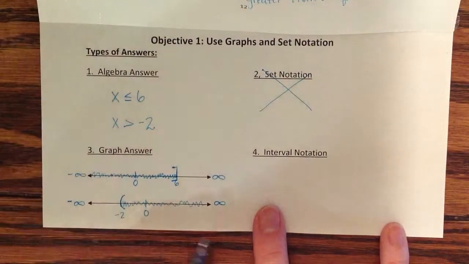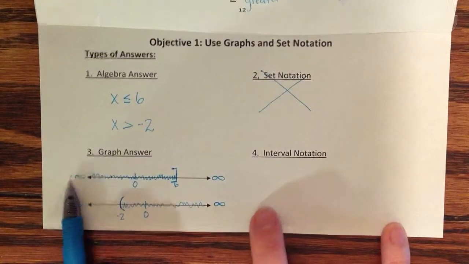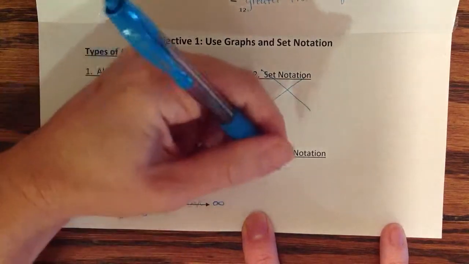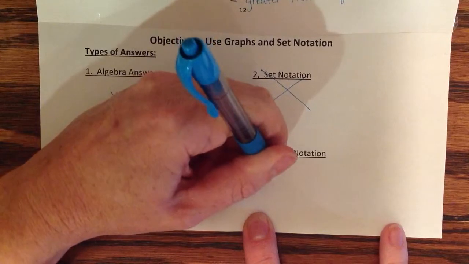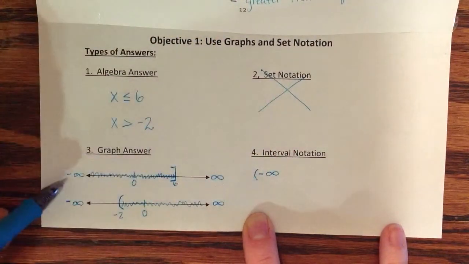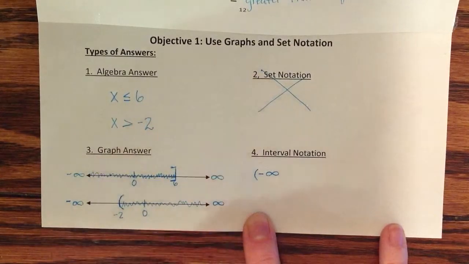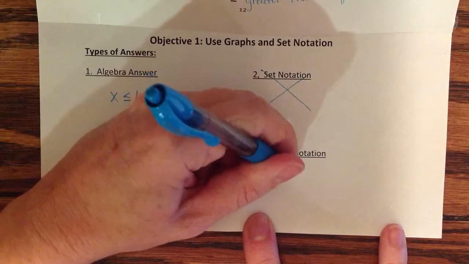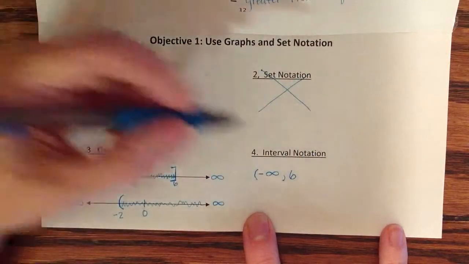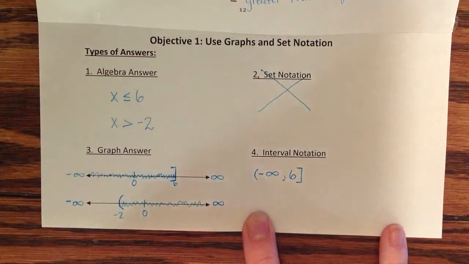So when we're describing what portion of the number line is being graphed in this answer, we're going to say that for this one, everything from negative infinity, and since negative infinity doesn't have an actual value that we can include, the infinity signs are always going to get the parentheses on this side. And it goes all the way from there up to 6, and it includes 6. So that's why we use the hard bracket on that one.